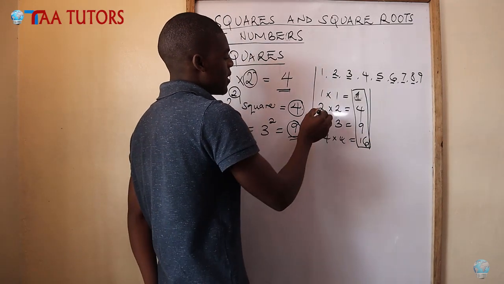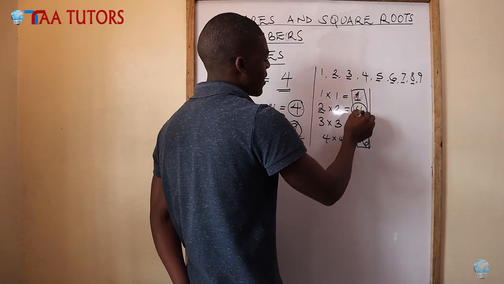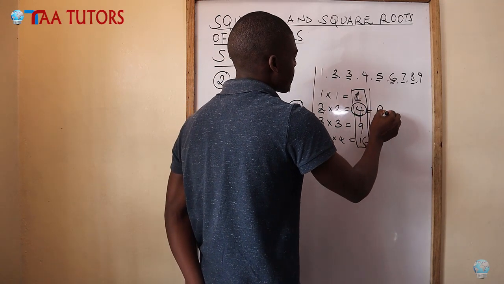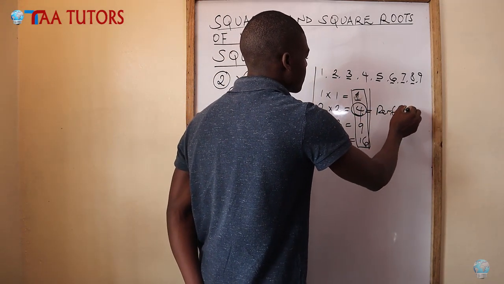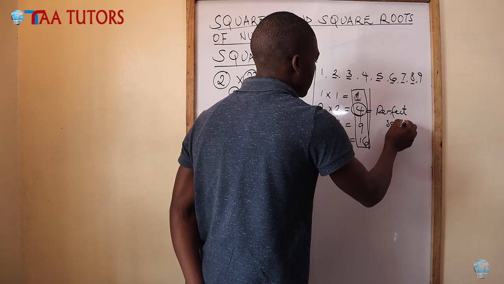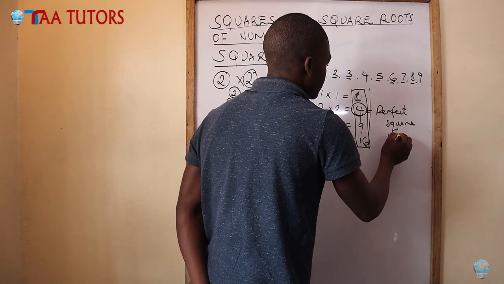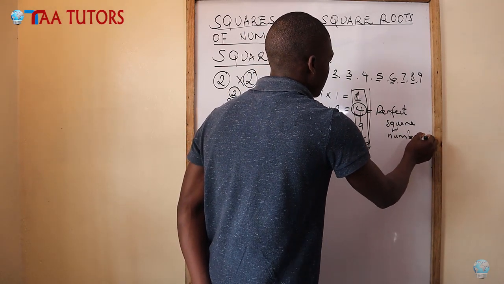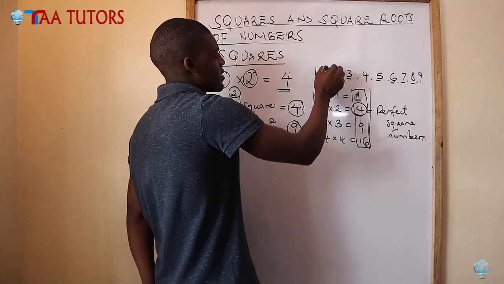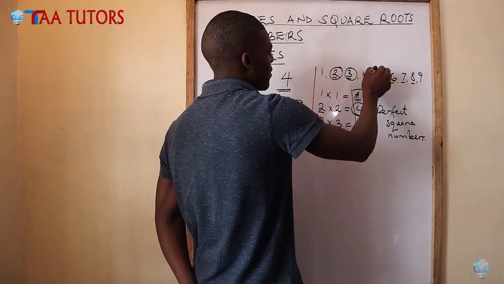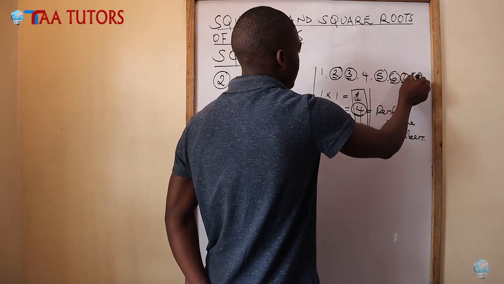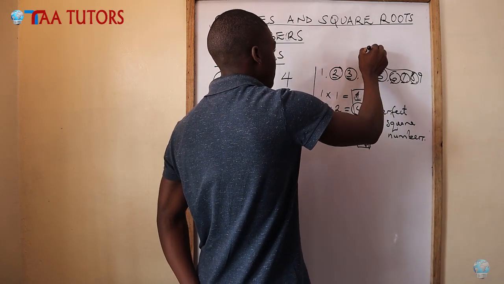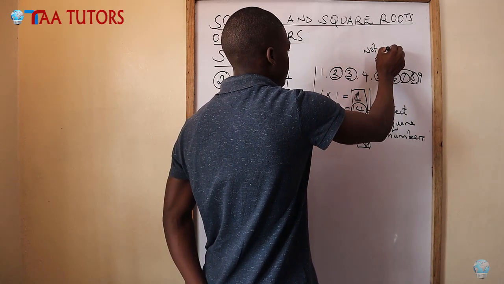Now when we can square a number and find its value, we call them perfect square numbers. Numbers such as 2, 3, 5, 6, 7, 8 are not perfect square numbers.